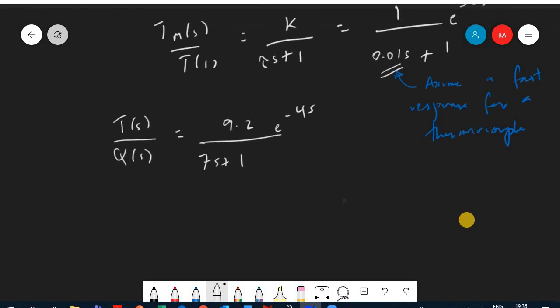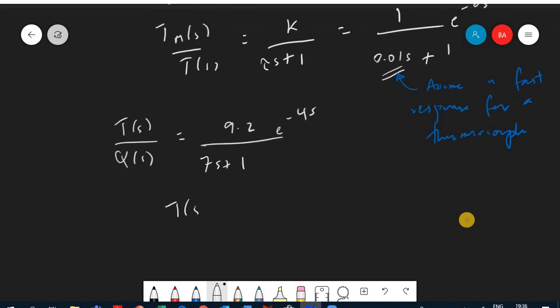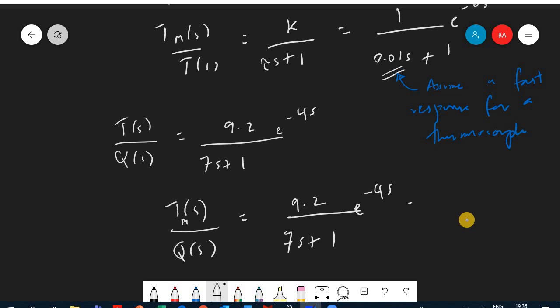So what do I have here? I have T of s over Q, Tm of s over Q of s is going to be something like that. It is a multiplication of two transfer functions in series, plus 1 e to the power minus 6s. And what can I realize here?